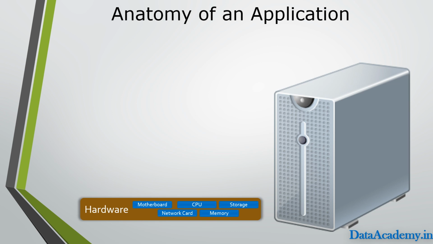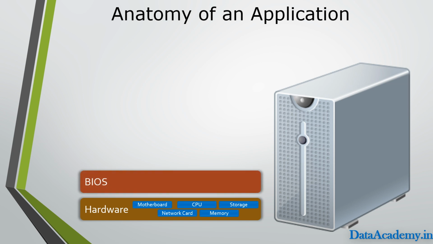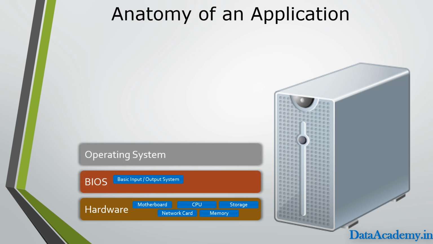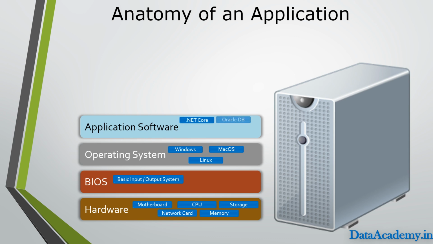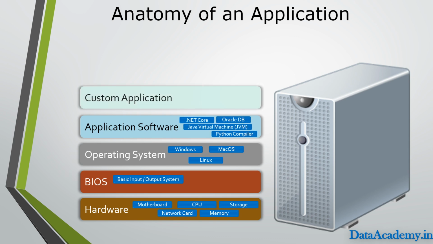Hardware is made up of multiple components: the motherboard, CPU, storage, network card, and memory. And of course, there could be many other components as well. Then we have the BIOS, which is the basic input output system. We have the operating system, such as Windows, Linux, or Mac OS, and then the application software, on top of which we have our custom application.